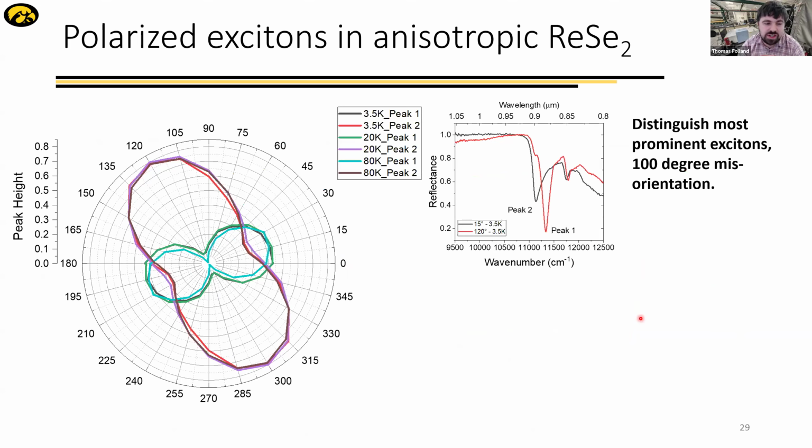And what's interesting about this anisotropy, again because of the lattice symmetry, is that the excitons are no longer orthogonal. Because each of the crystal axes are no longer orthogonal to each other, the excitons are no longer orthogonal to each other.